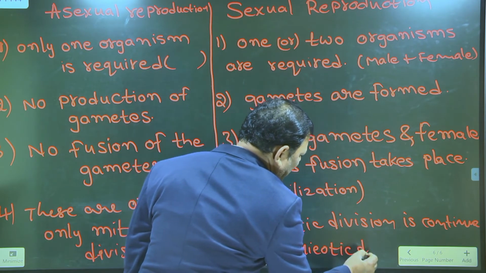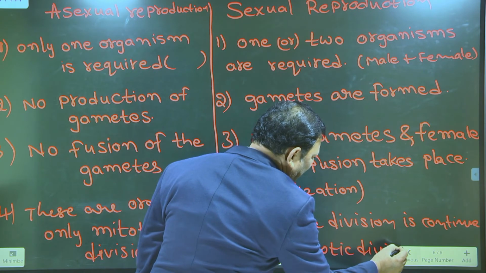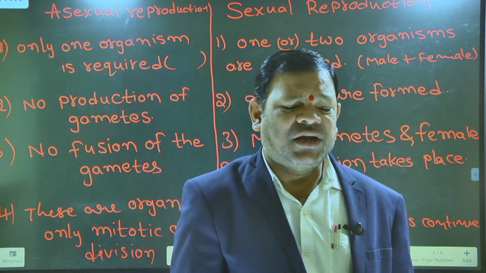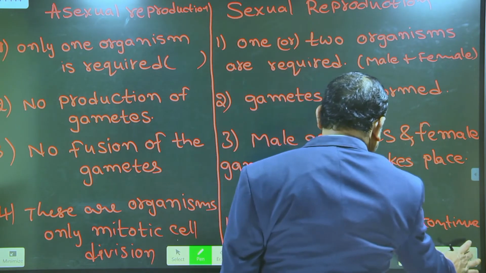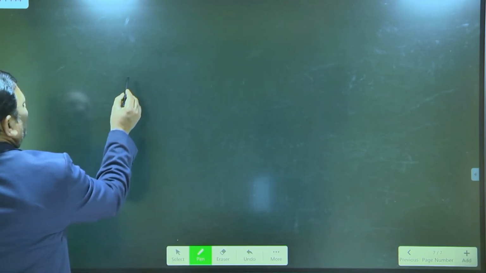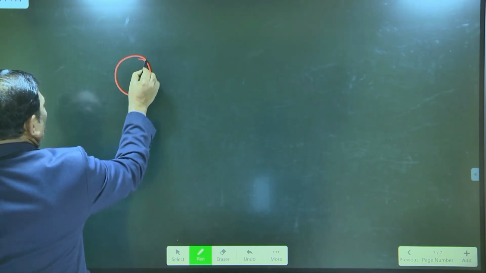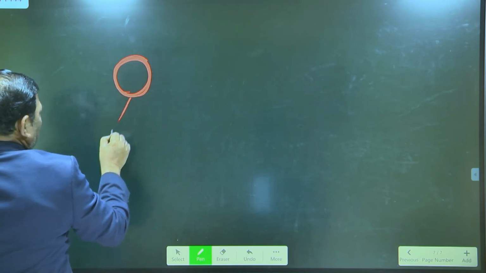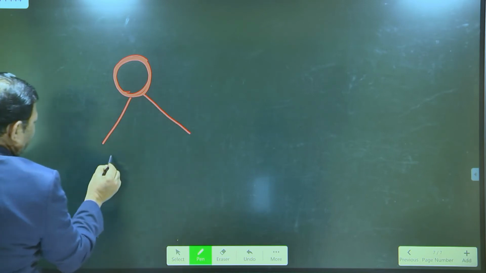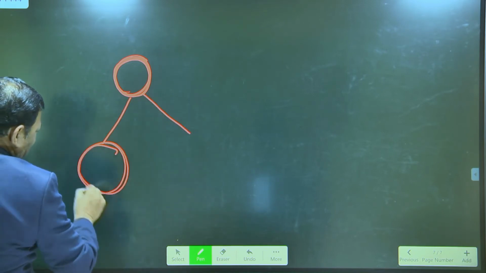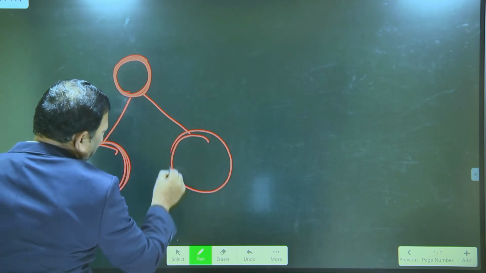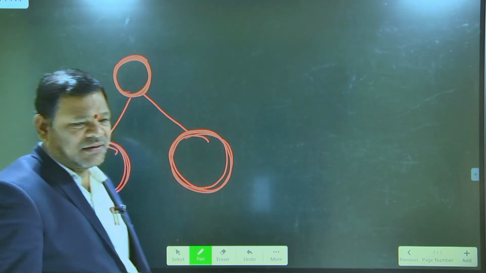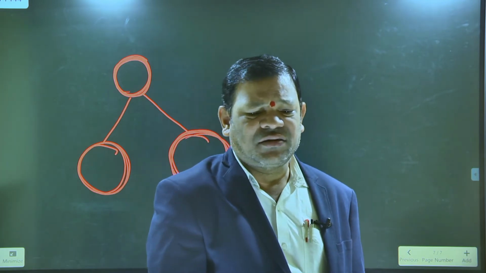Very important point: in asexual reproduction, mitotic division. Mitotic division means if one cell is present, when mitotic division takes place, it gives the same size, same structure, and same functions as the mother cell.